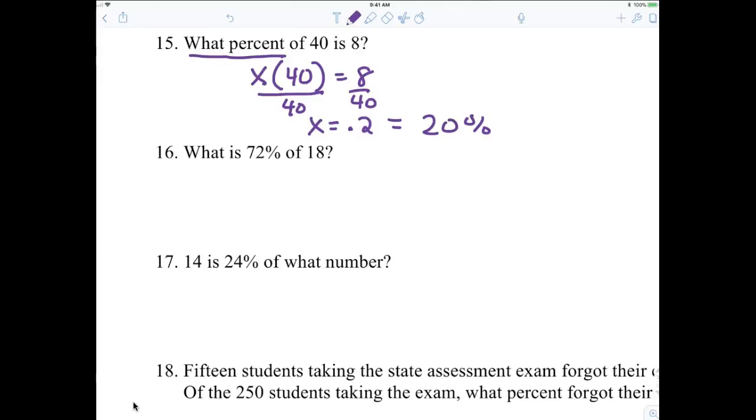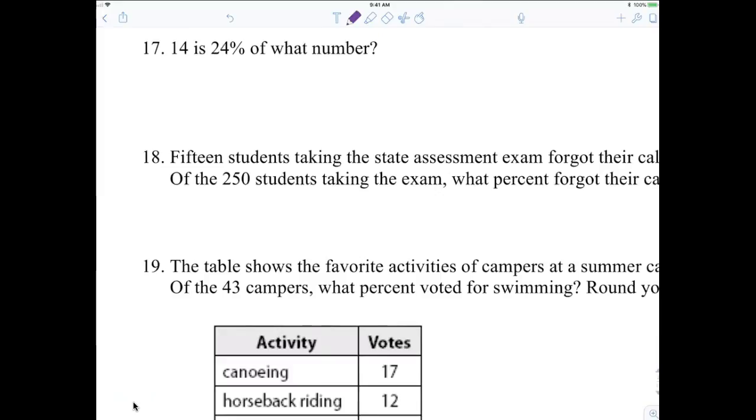All right, Connor, why don't you set up 17 for me? Oh, 17. Okay. So it's 14. Good. Is the division that uses 24% of what number? So how do I write 24%?